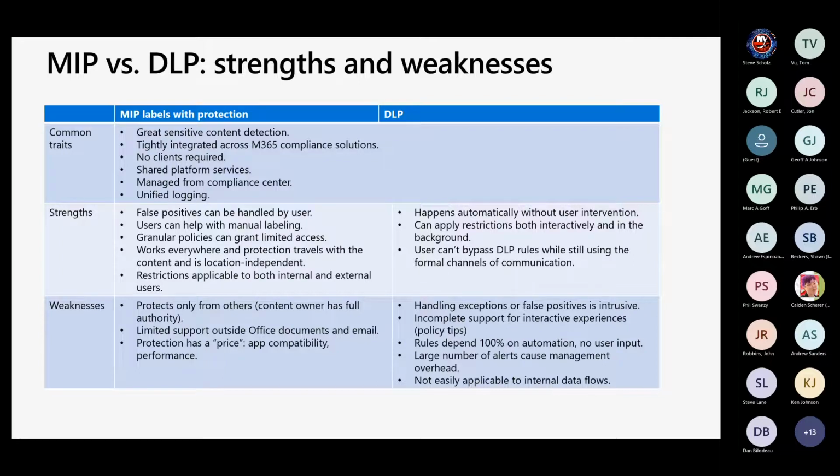Now, on the opposite end for DLP, in terms of the strengths, you have a contrasting opinion here, which is that it happens automatically without user intervention. So in a sense, you're kind of going back into the automation a little bit more so that you have the system doing the policy for you.